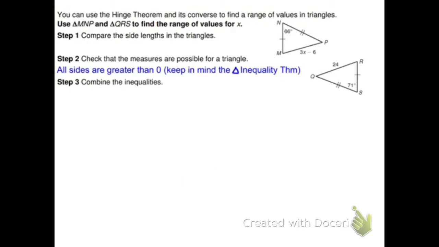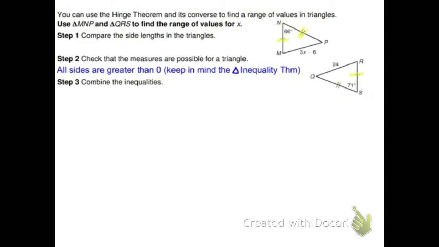So how we solve for this is a few different steps. We're going to use triangle MNP and triangle QRS to find a range of values for x. But first, let's compare the side lengths in the triangle. So notice I have my two pairs of congruent sides, so I can use the hinge theorem because I have my included angles.